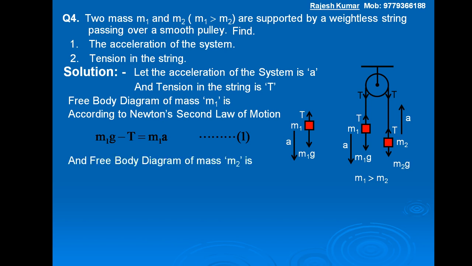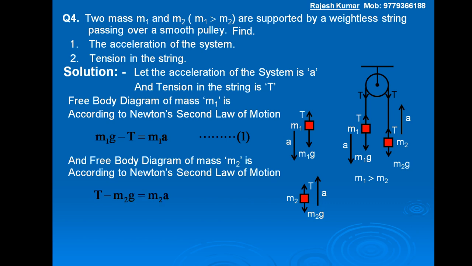And free body diagram of mass M2 is, this is mass M2 and its weight M2G is acting in the downward direction and tension is in the upward direction. Now capital T tension is more than the weight M2G, so its acceleration will be in the upward direction of magnitude A. Again, according to Newton's second law of motion, we get T minus M2G is equal to M2A. Let it be equation number 2.